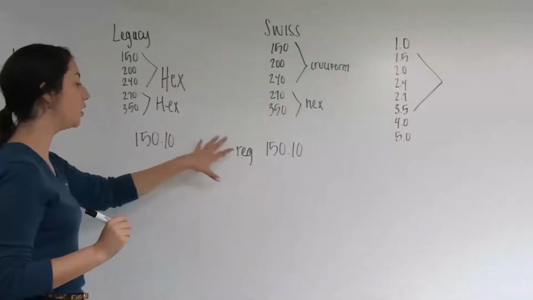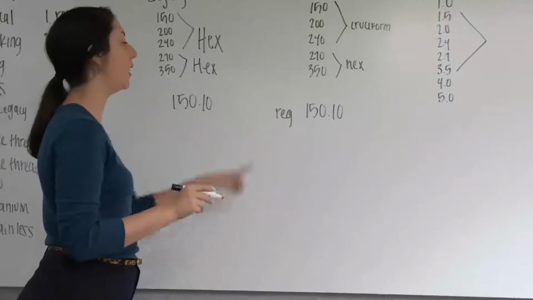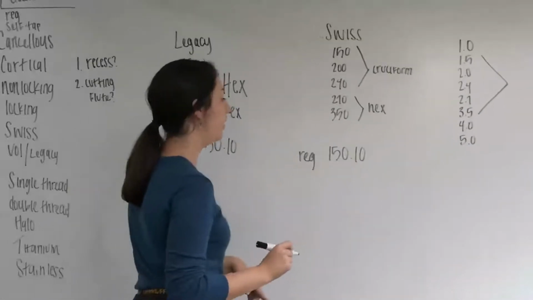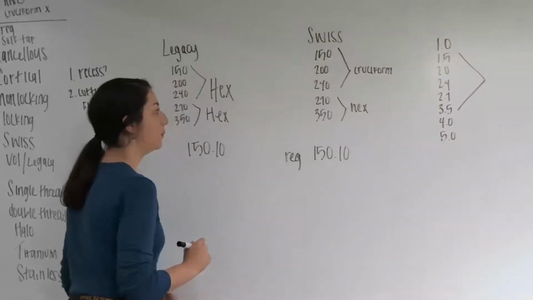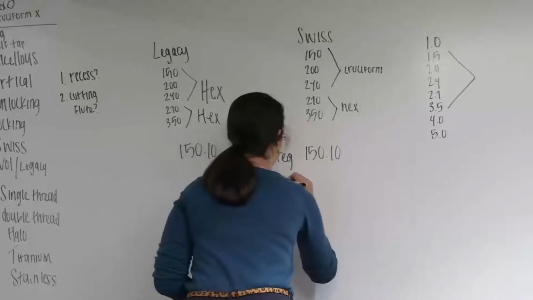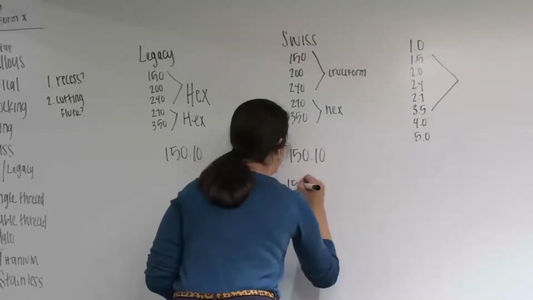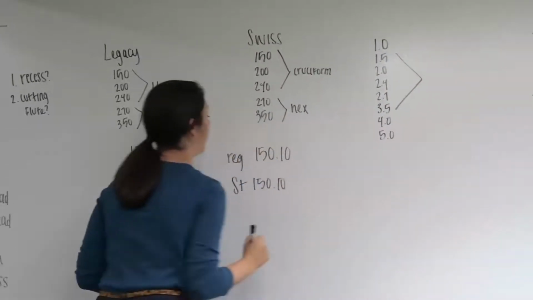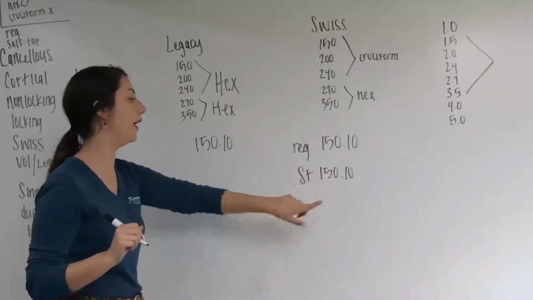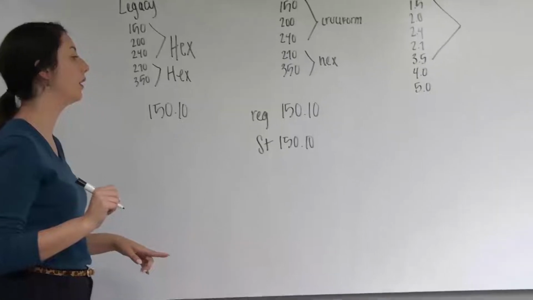This exact SKU into the system means I'm sending you a non-self-tapping screw that is a 1.5 implant size, that's 10 millimeters long. If I want to sell you a self-tapping screw that does have cutting flutes, it is going to have an ST in the front. ST for self-tapping, it's a 1.5 and it's 10 millimeters long.